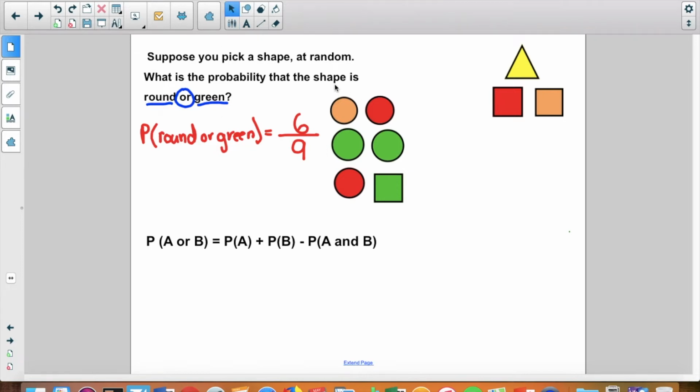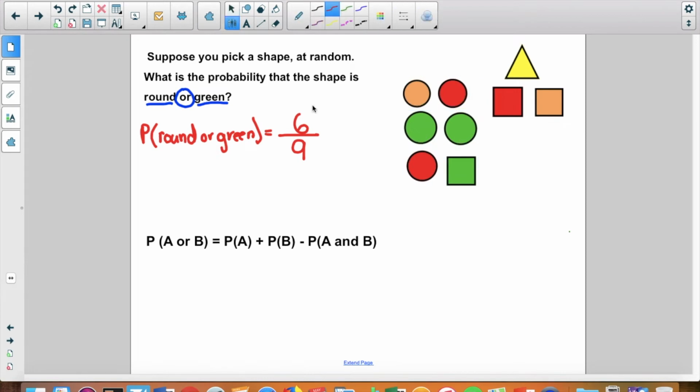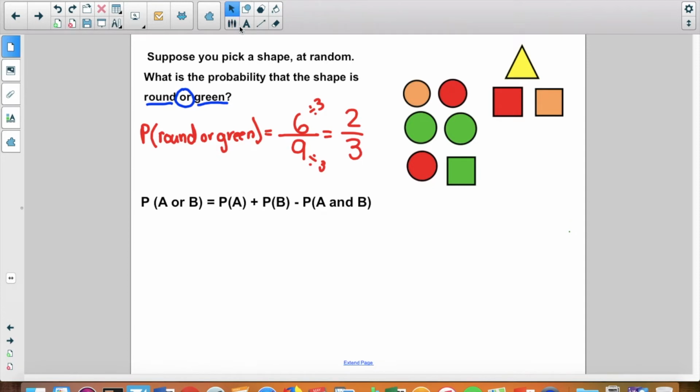So we can simplify this. The number 3 goes into 6 and 9. So if we were to simplify by dividing both by 3, this becomes 2 over 3. So the probability of picking a shape that's round or green is 2 over 3.